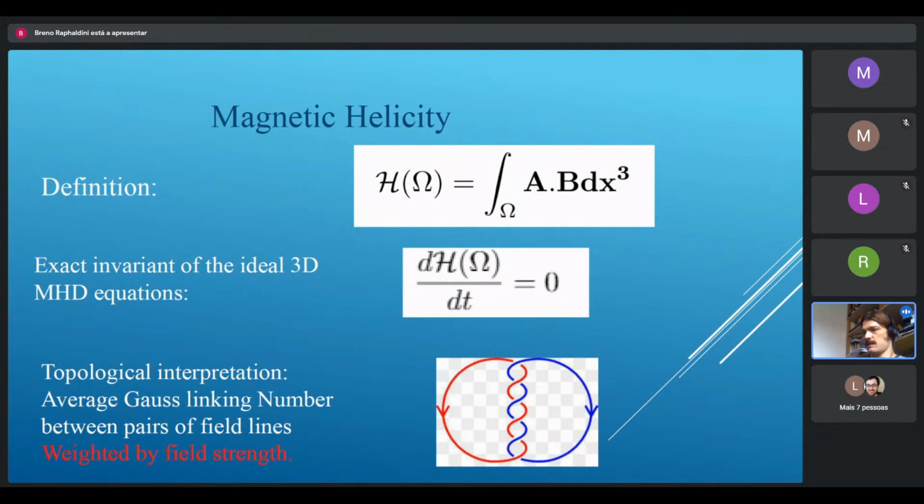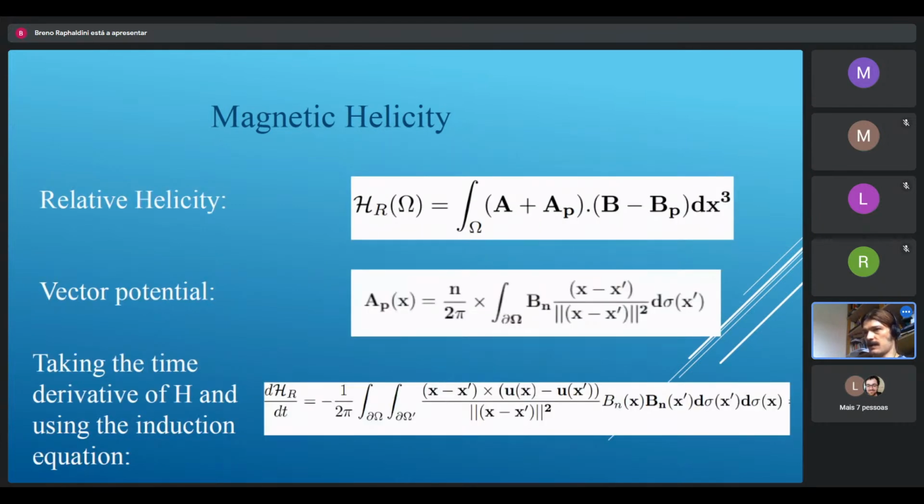If you see here in this picture pairs of field lines, and they get entangled, the Gauss linking number is the number of crossings of one field line through the surface defined by the other field line. So the interpretation of the helicity is the Gauss linking number average weighted by the strength of the field lines.